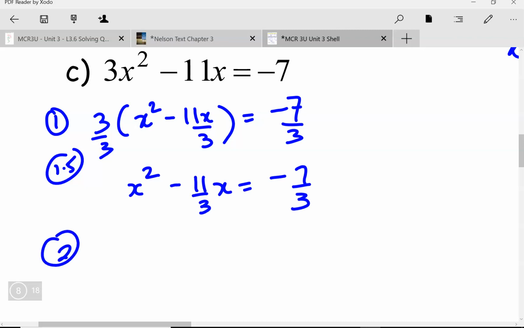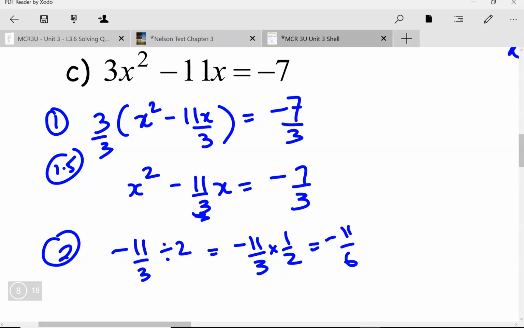My second step is to find the magic number. Take this term, divide it by 2, which is actually the same as multiplying it by half, which is negative 11 over 6, and take the square of that, which is 121 over 36.